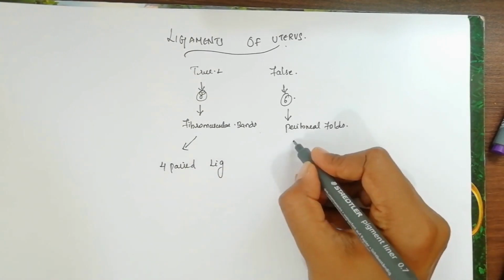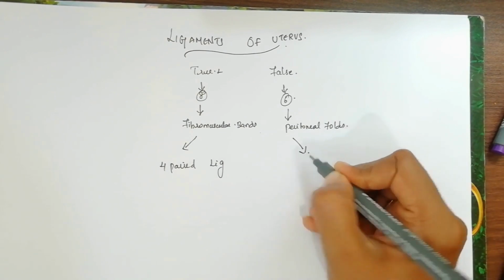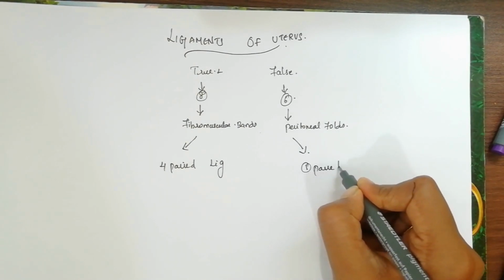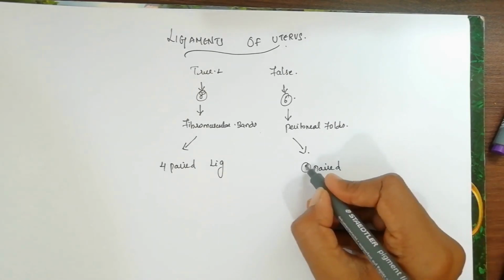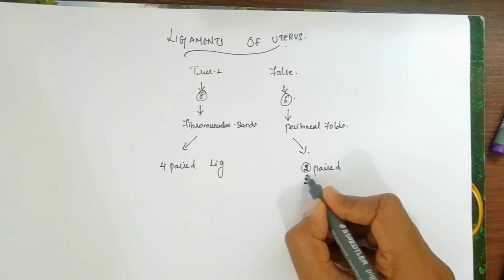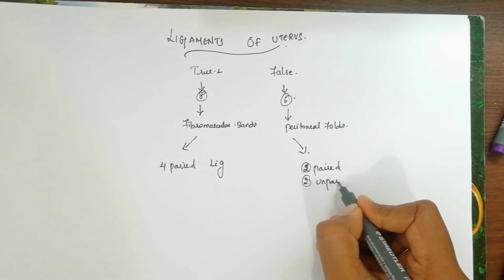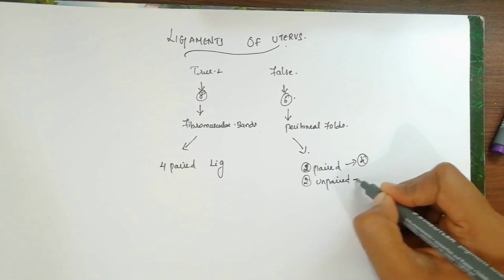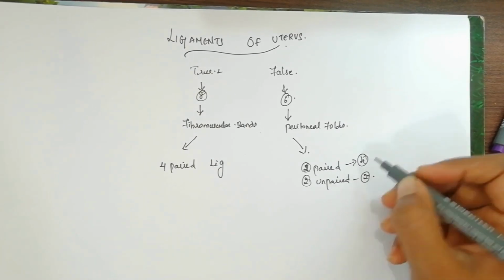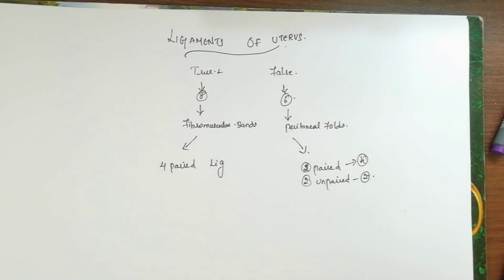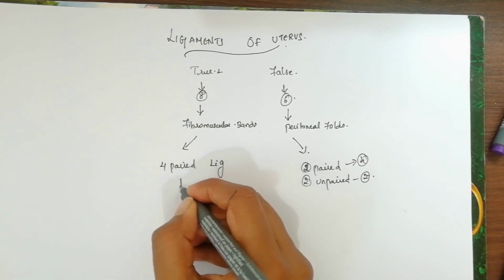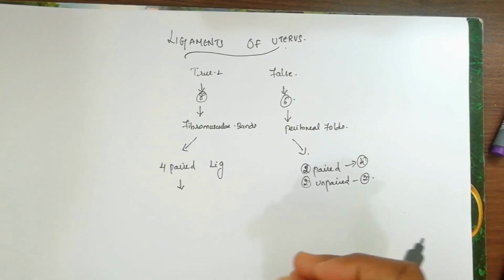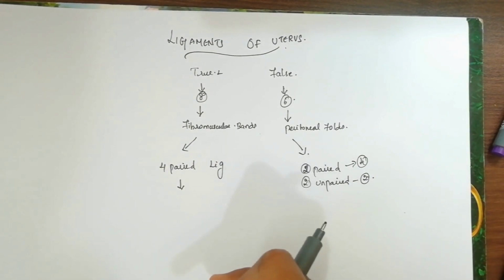And in peritoneal folds, that is false ligaments, we have 2 paired and 2 unpaired. 2 pairs which make 4, and unpaired 2. Total 6 false ligaments we have got. So I will just show you the names of the ligaments alone, and then we will deal with the details of each ligament separately.